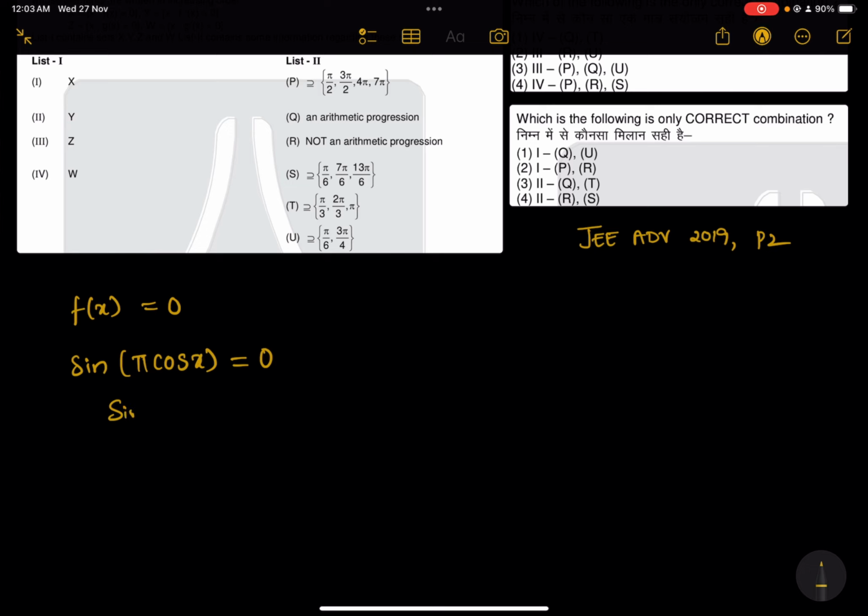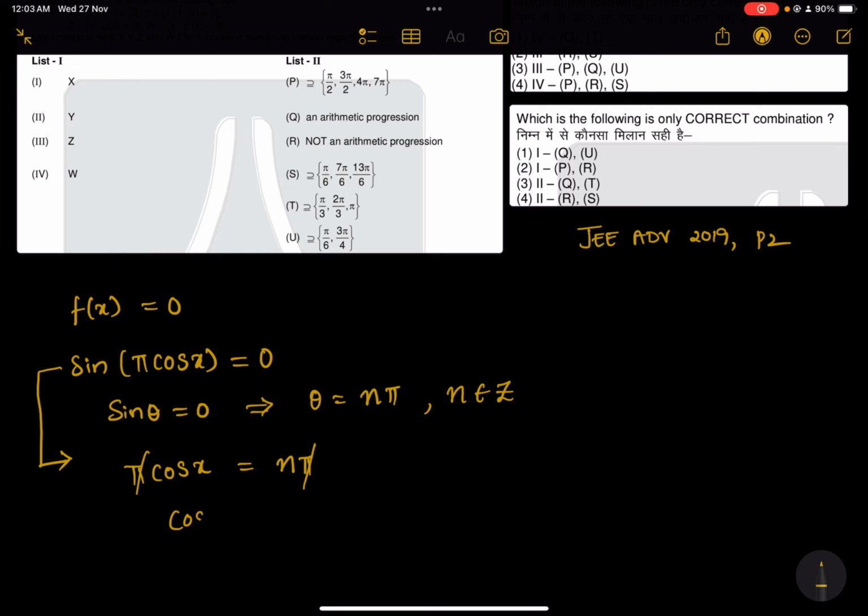In general, sine theta will be 0 when theta is equal to n pi, where n is an integer. Therefore, pi cos x should be n pi, so cos x should be n.